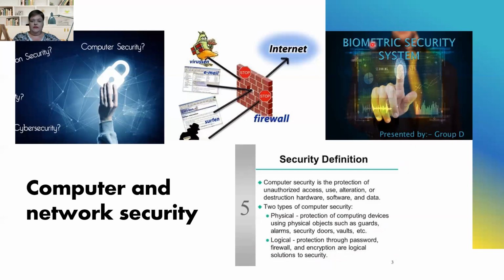Biometric, just to give you quick info on that one, is anything that is unique to you as a person. It can be your fingerprint, it can be the iris so it can scan your eyes. So there are a variety of ways to make sure that only you can access that information.